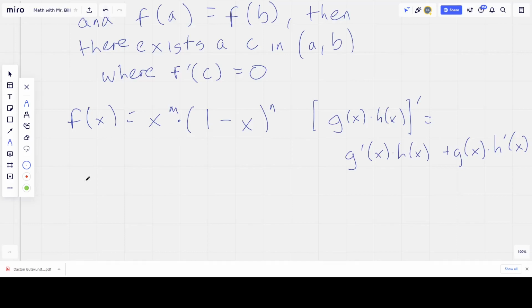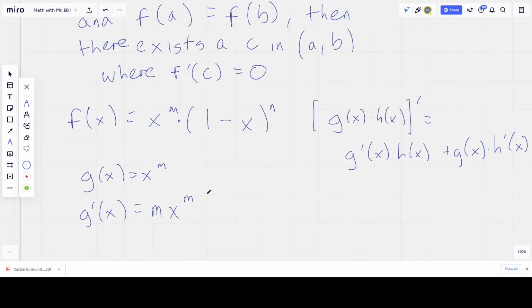So for us, our g of x is equal to x to the m. So that makes g prime, well, m is just an integer. So m is just a number. So m is going to come down front, and it's just going to act very much like the power rule. And then we'll take the exponent up here to be m minus 1.